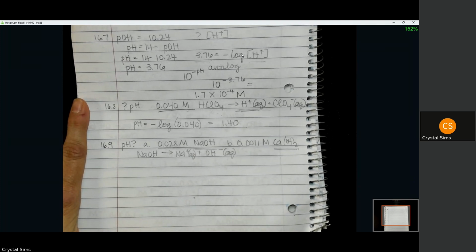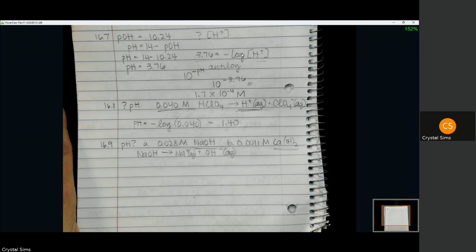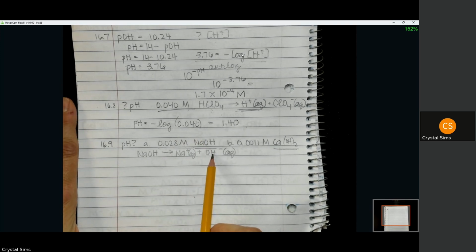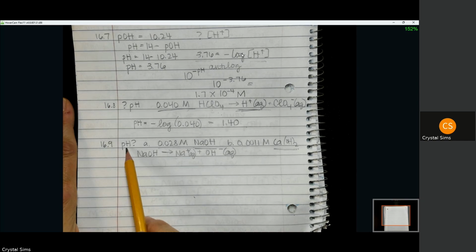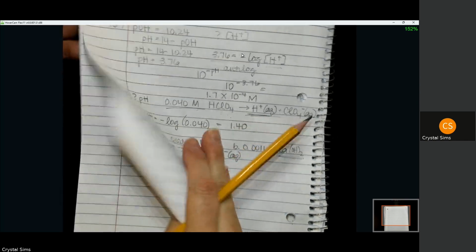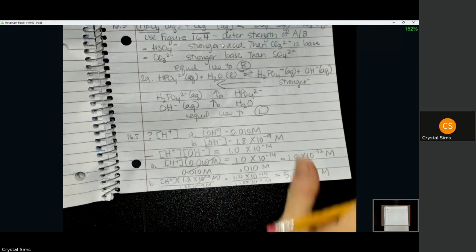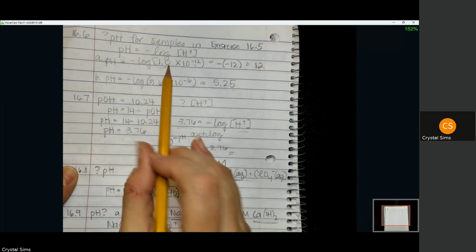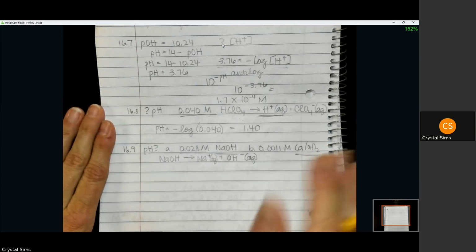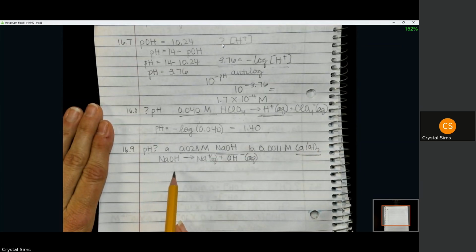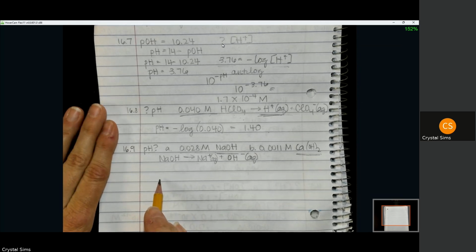You can use the ion constant of water and plug in the molar concentration of the hydroxide and solve for the hydrogen ion concentration like we did back over here in 16.5, and then take the pH like we did in 16.6. Or you can determine the pOH and from there determine pH.